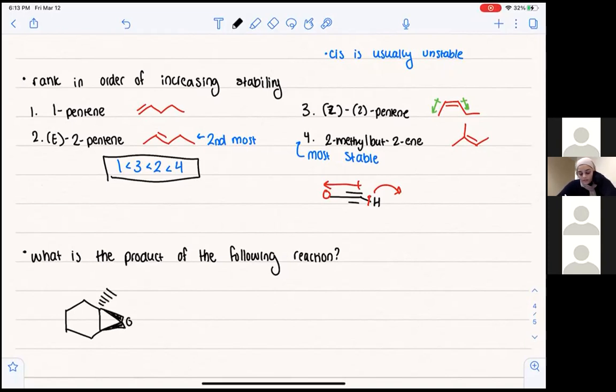So this is, what is the product of the following reaction?